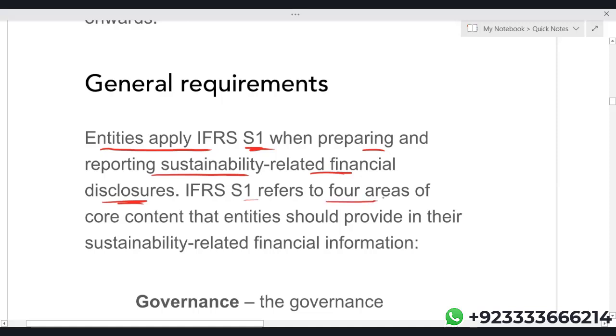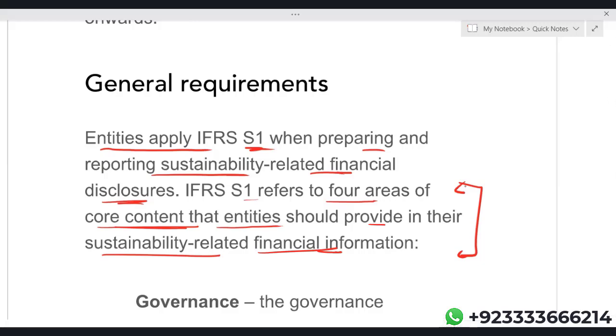S1 refers to four areas of core content that entities should provide in their sustainability related financial information. Please read it properly, I will highlight a few points and mention which area you need to memorize as well. So please memorize that also.